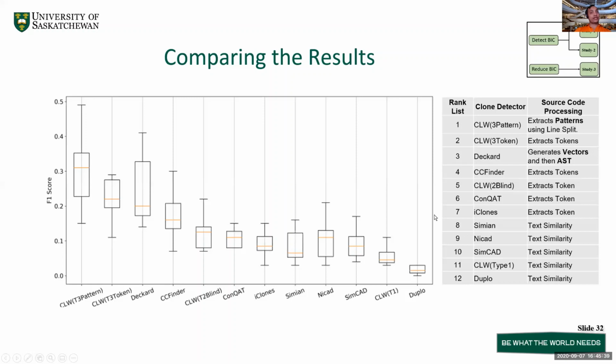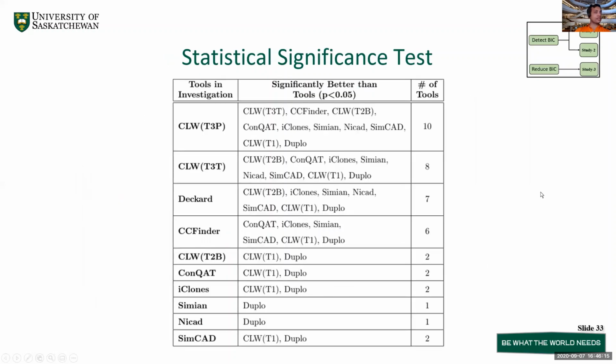Token extraction based tools remain at an intermediate stage, but abstract syntax tree based, vector based, or pattern based clone detection tools perform very well. Also, the clone detection tools that detect all types of clones, type 1, type 2, type 3 clone fragments, perform very well. I also did the significance test.